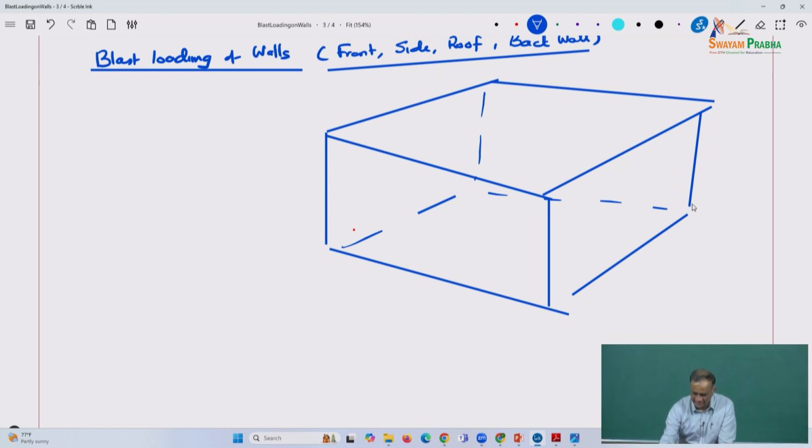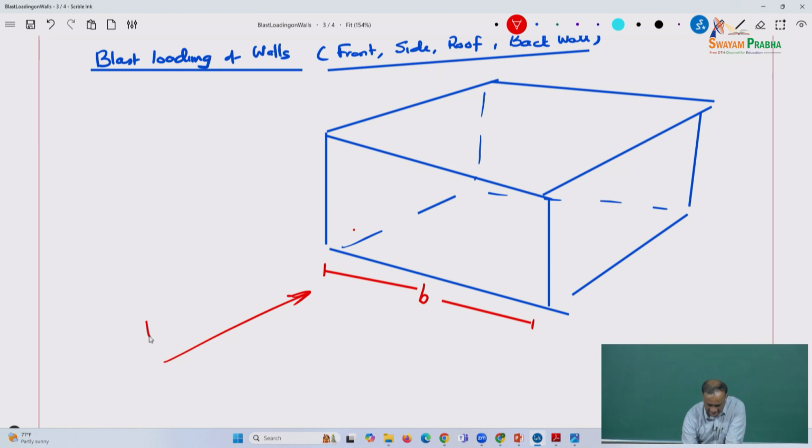So, we will take a simple example with footprints that are rectangular and with a common height. So, this is the width of the wall B, and the blast loading is in this manner. And this is the height of the building, and this is the length of the building.